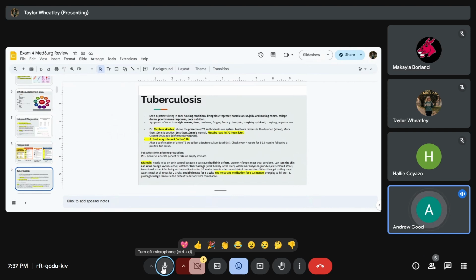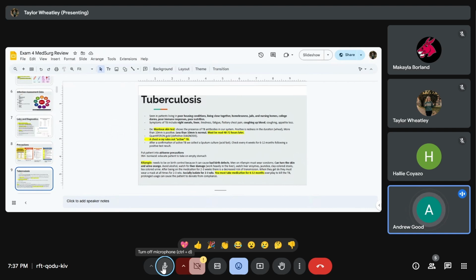And then the diagnostic tests, which we've all done at some point before going into nursing school, is the Mantoux skin test. We all know about the wheal. If it is more than 10 millimeters, it is positive. Less than 10 millimeters, it is normal, or a false negative. It must be read 48 to 72 hours later. QuantiFERON Gold is a definitive blood test.